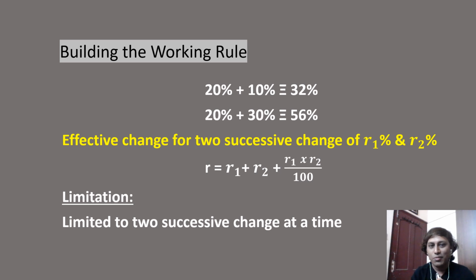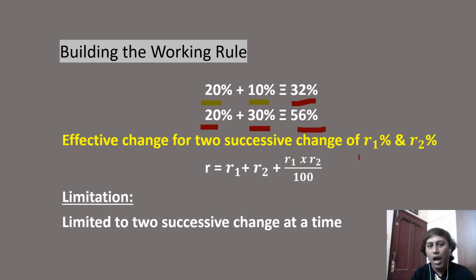Guys, so what we have seen so far, 20% plus 10% successive change is same as one change of 32%. Alright. Similarly, two successive changes of 20% and 30% is same as 56%. Alright. So how to calculate this or how to generalize?